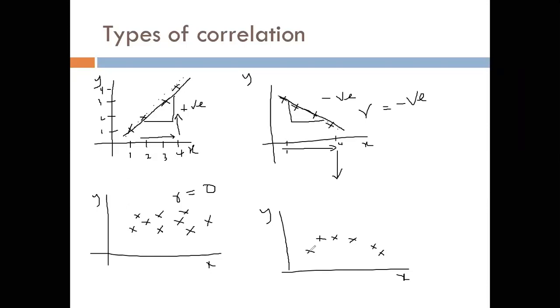We can see that even though there is a pattern to the data, the pattern is nonlinear, okay? So such a data set cannot be modeled using a linear regression, unless the data is transformed into a linear data set, using some transformation techniques.